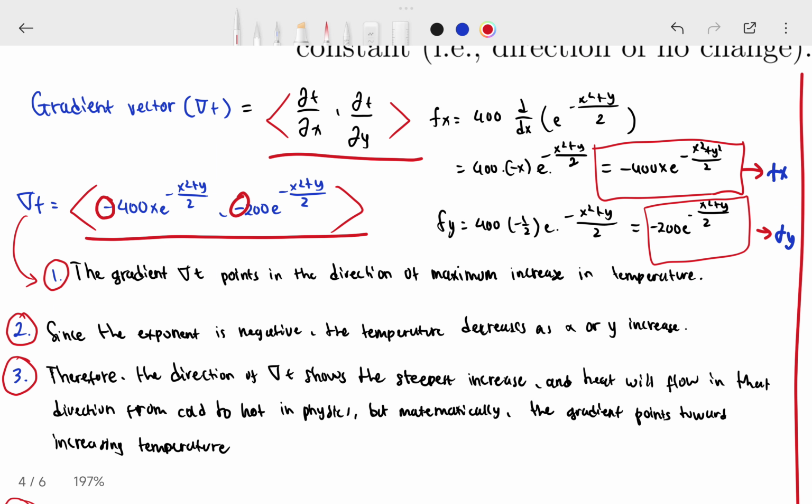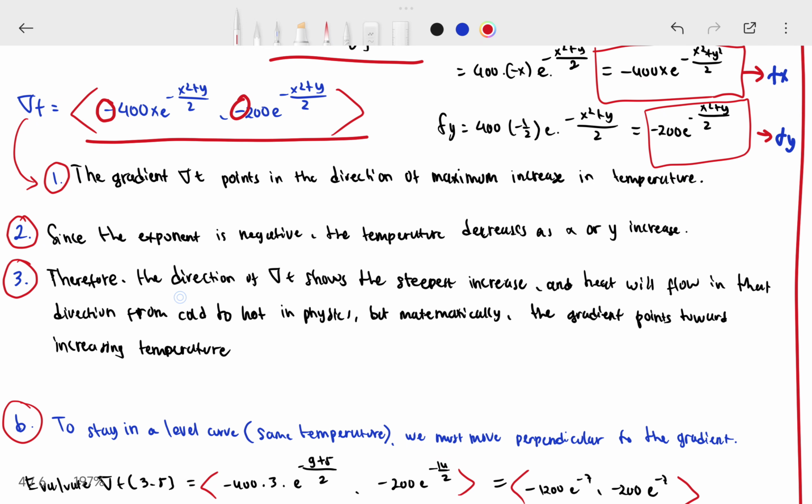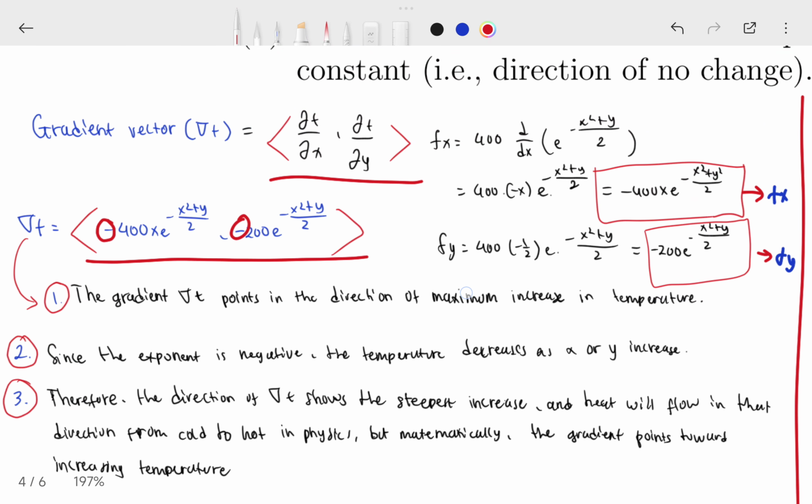No matter what, if x is increasing or y is increasing, then the exponent is going to be negative. Therefore, the direction of the gradient of T shows the steepest increase, and the heat will flow in that direction from cold to hot in physics, but mathematically the gradient points toward increasing temperature. Okay, so that's it for part A.